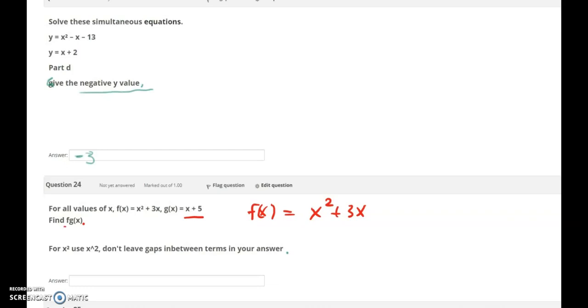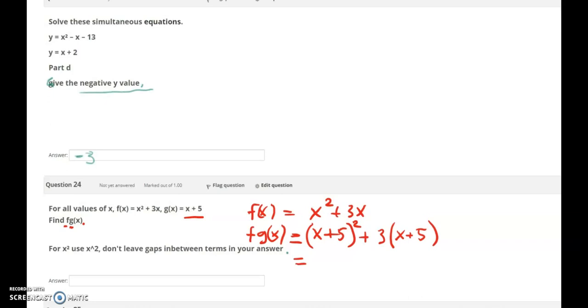The order is given by f being first and then g being second. So we'll incorporate the g of x within the f of x. So I'll rewrite this as, instead of x squared, we'll put x plus 5 all squared, plus, instead of 3x, we'll put 3, and then x will be replaced with x plus 5.